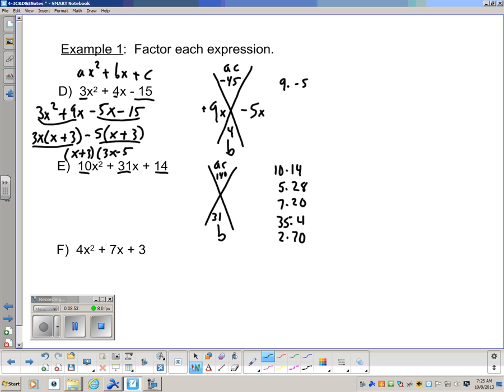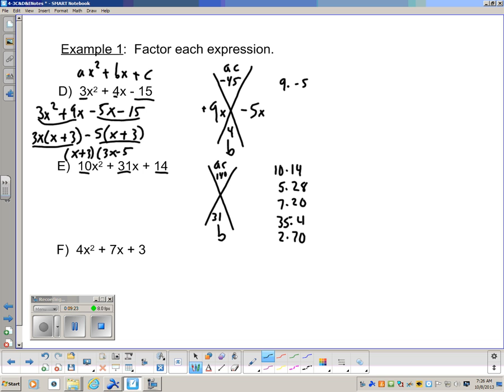So two numbers that multiply to give us 140 and add to give us 31. Any of these add to give us 31 yet? No. This is 28, the second one is 33, the next one's 27, the next one's 39, the next one's 72. Not seeing two numbers that multiply to give me 140 and add to give me 31.